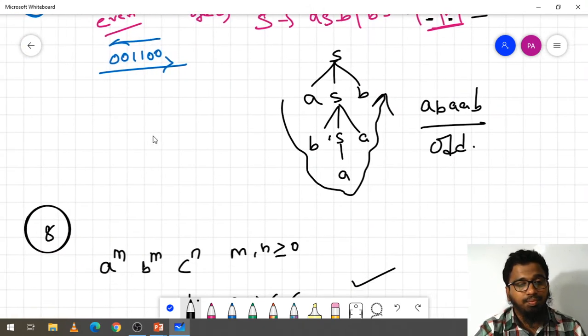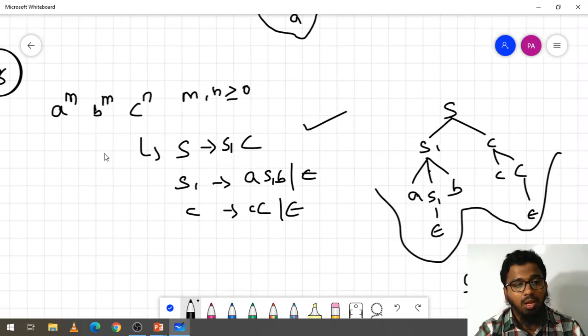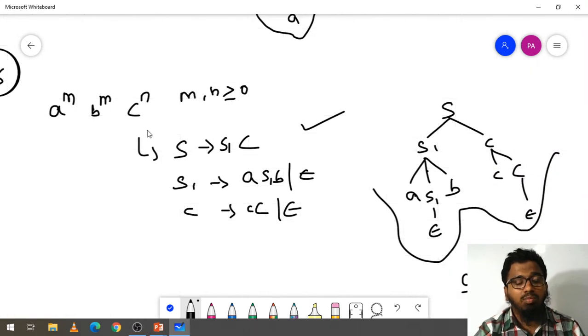Okay, next. A power m, b power m, c power n. So here m, n greater than 0. Okay, so here for the equal number of a's and b's, we are writing this. A power m, b power m, equal number of m's.